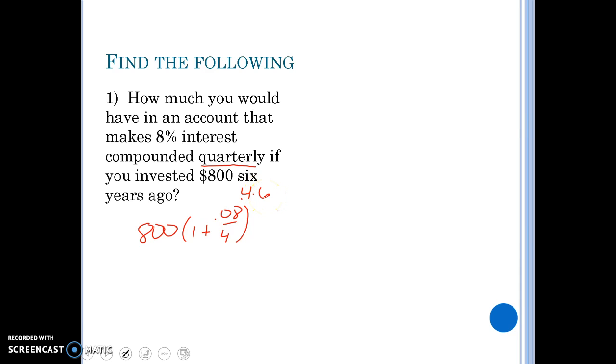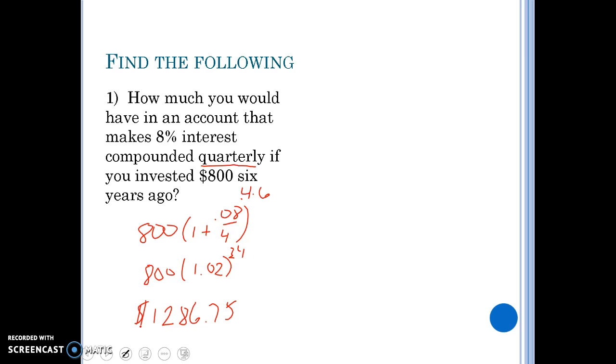So it is going to be 800 times 1 plus 0.08 divided by 4, which is 0.02, to the 24th power. If I evaluate this on my calculator, we will get $1,286.75 if we round it up. That's if it's compounded quarterly.